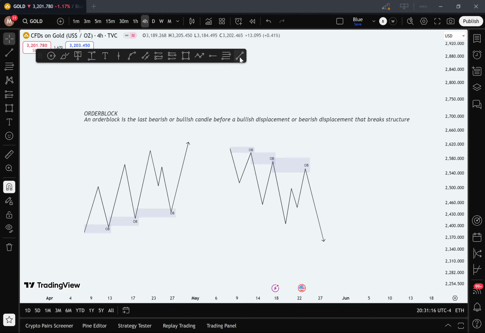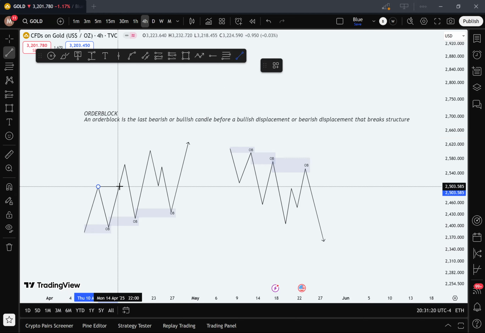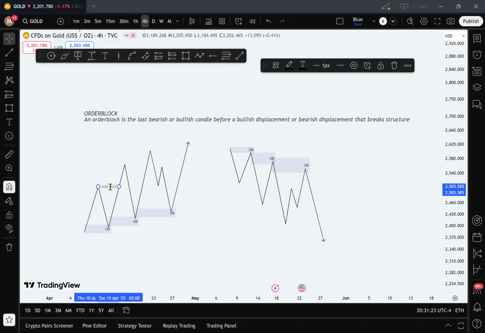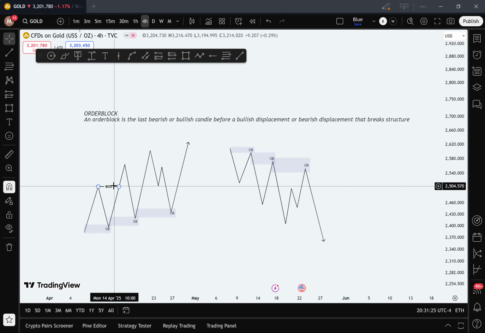So I'm going to explain what I mean by displacement to you. So this is a break of structure.